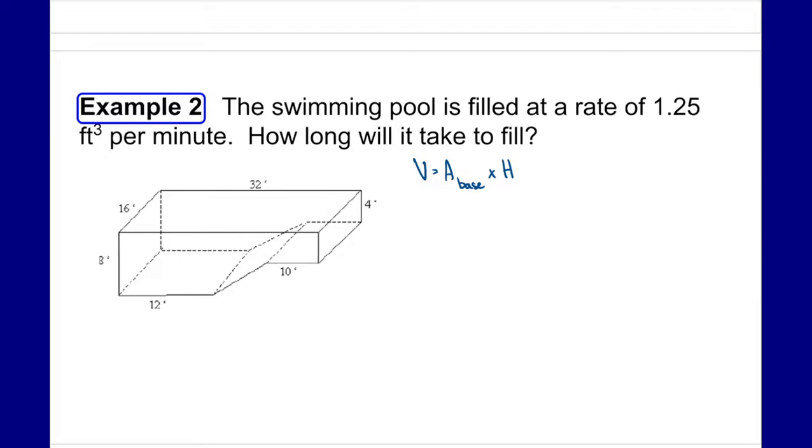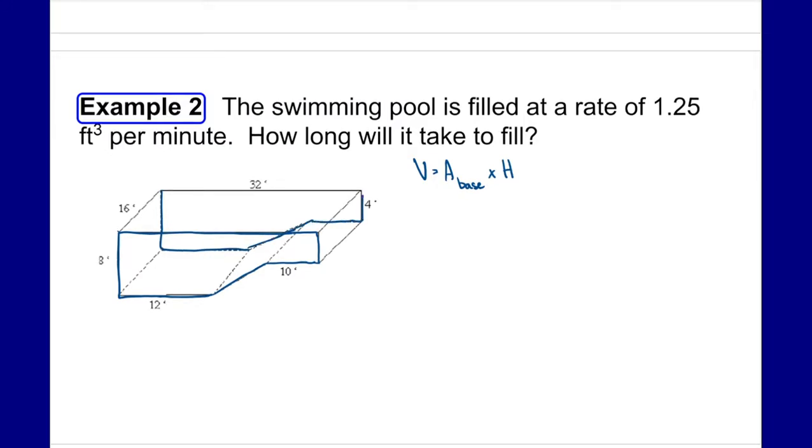So if I was to take this pool, imagine holding this 3D model in your hand and you're rotating it around, which two sides are always going to stay the same? And you should recognize that this side is the exact same on the other side.